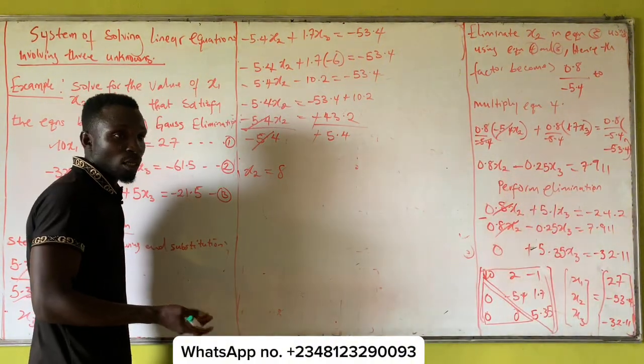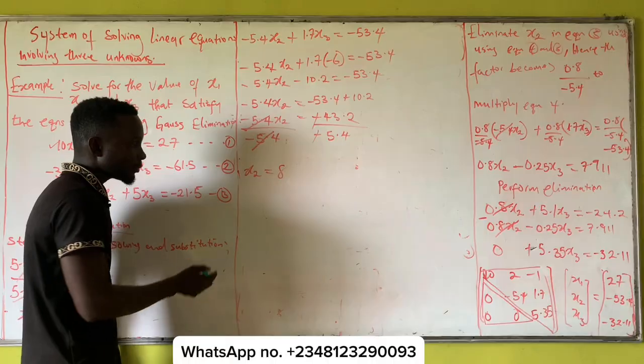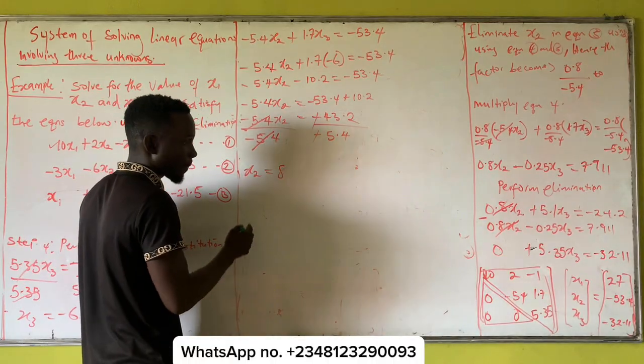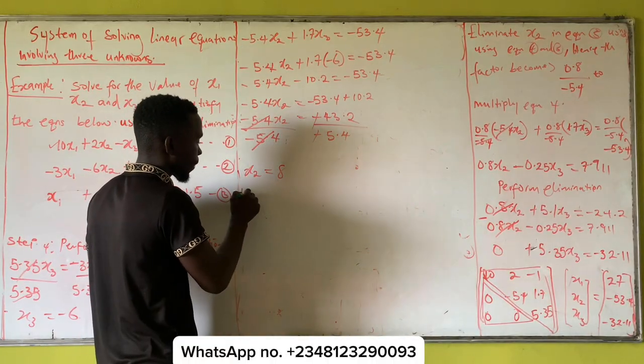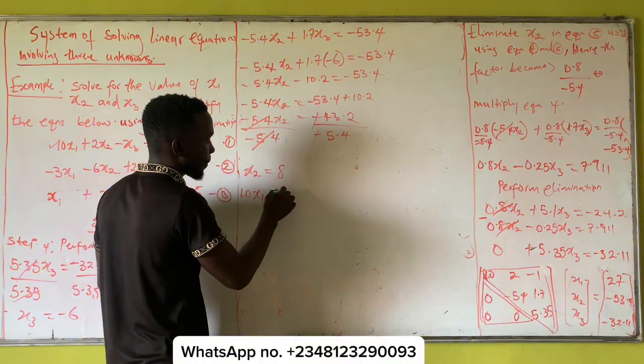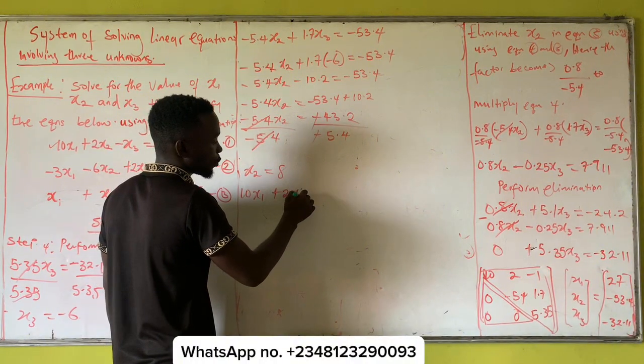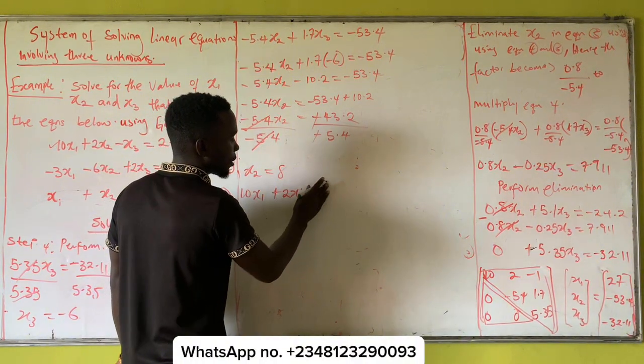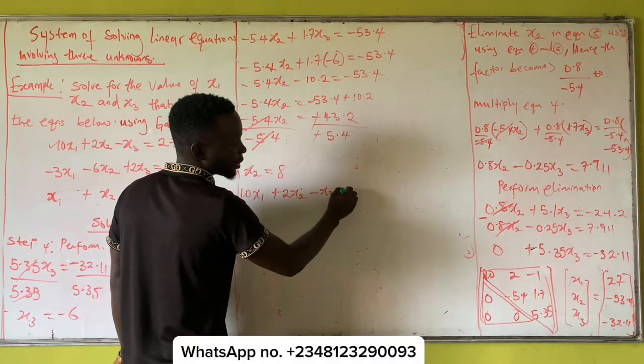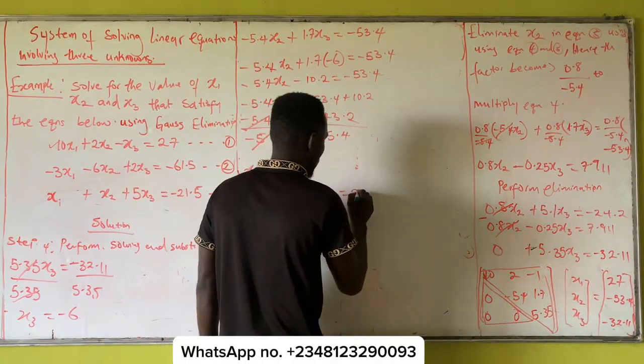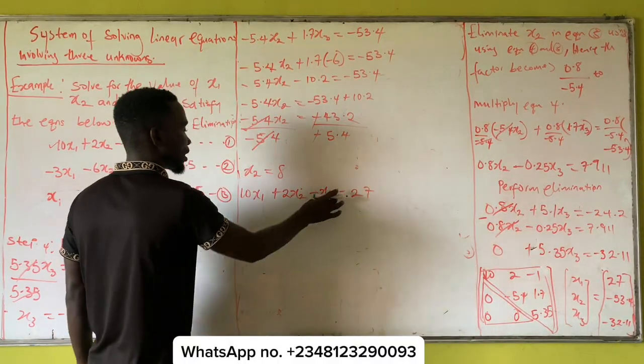Now we're going to use equation 1 here to solve for x1. How do we do it? It's also very easy. It becomes 10x1 plus 2x2 minus x3 equal to 27. We know the value of this and this. So let's substitute.